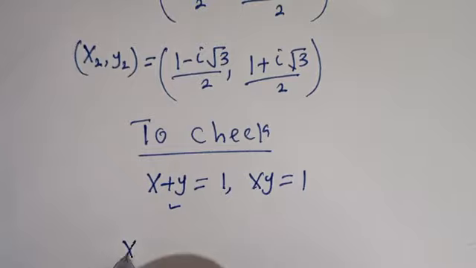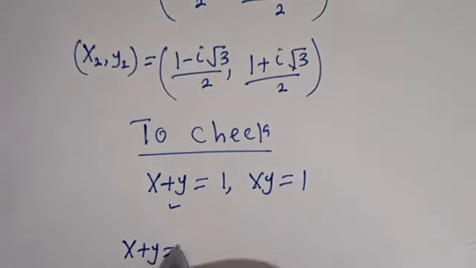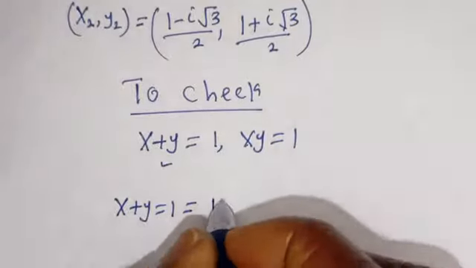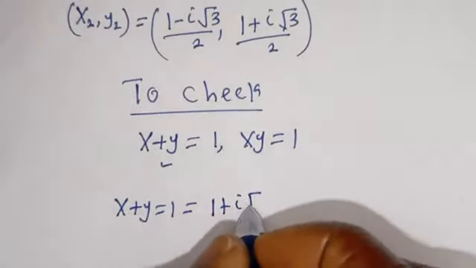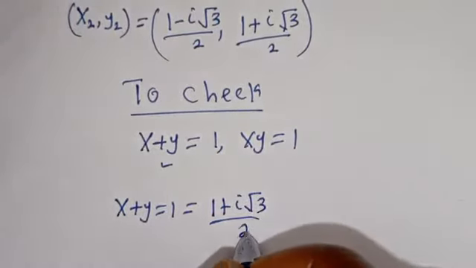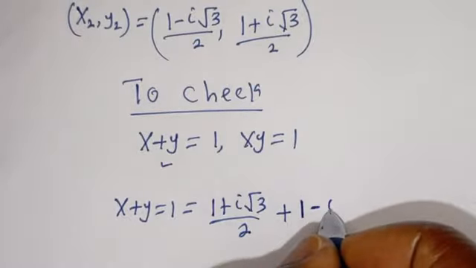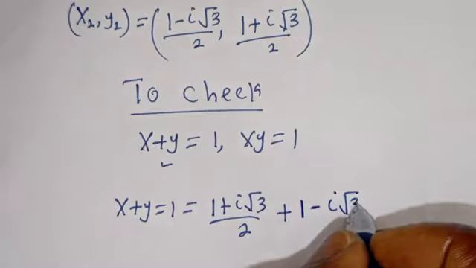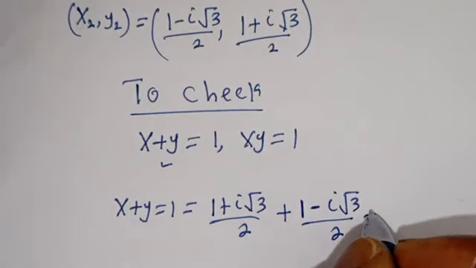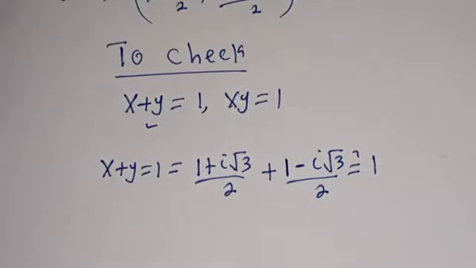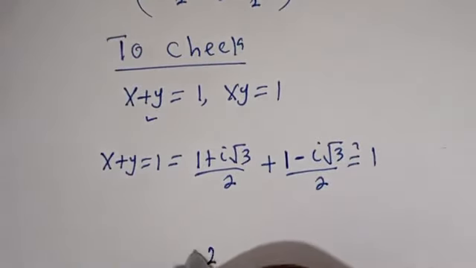For x plus y equal to 1, this is equal to 1 plus i root 3 divided by 2 plus 1 minus i root 3 divided by 2 must be equal to 1. You can see here that the LCM is 2.